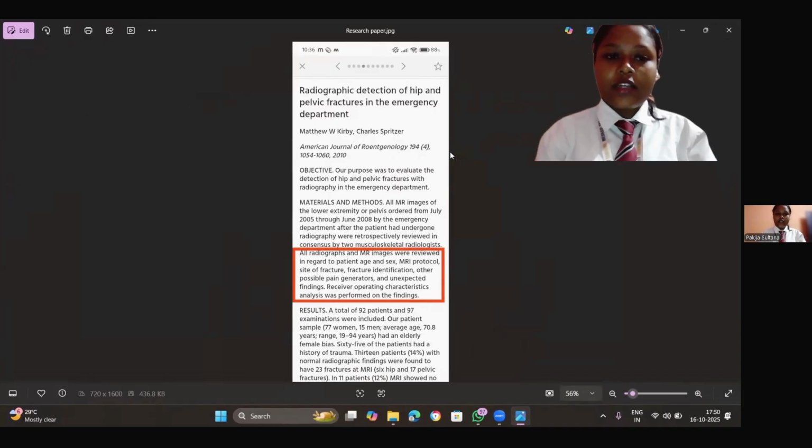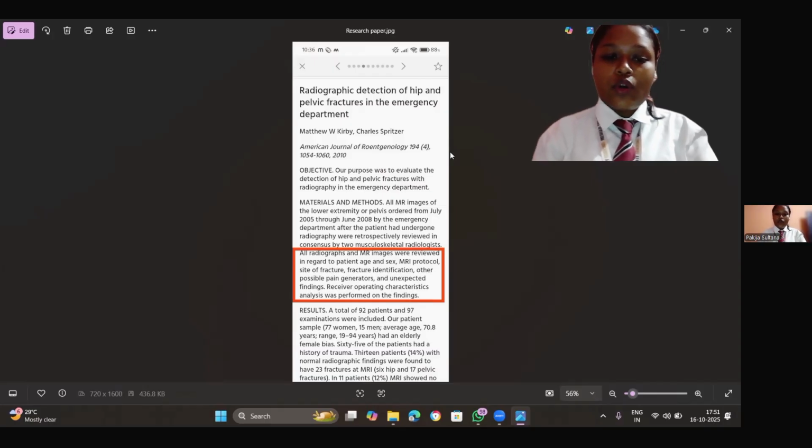On the topic of radiographic detection of hip and pelvic fracture in the emergency department, this study focused on how effectively radiographs or X-rays can detect hip and pelvic fractures in patients presenting to the emergency department, compared with MRI results.